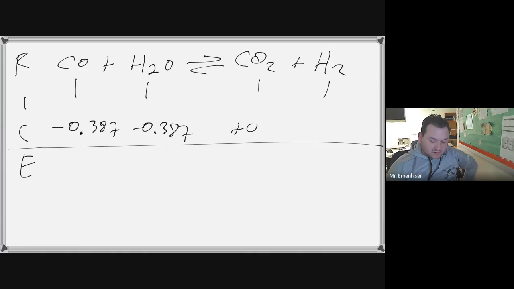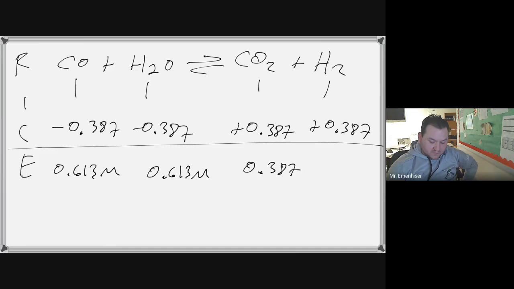Over here was plus 0.387 plus 0.387. And so this is 0.613 molar, 0.613 molar, 0.387 molar, and 0.387 molar.